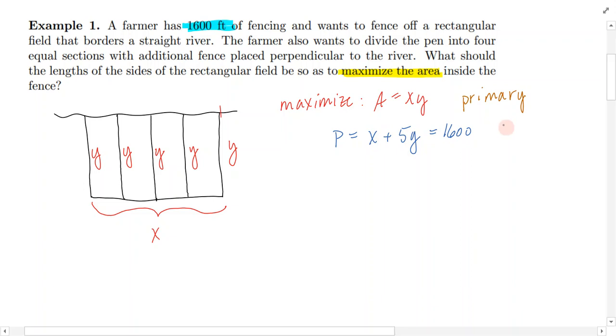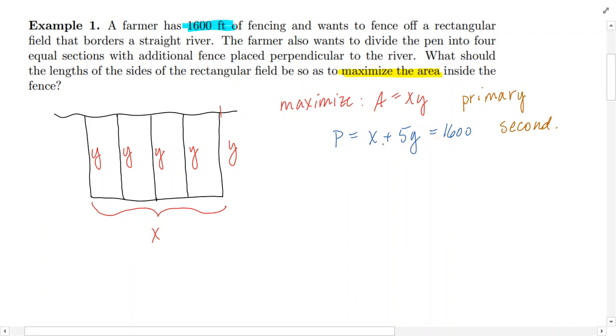And this is what we would consider the secondary equation. So that's our primary equation, what we are going to maximize or minimize, and the secondary equation is what we're going to use to substitute into that. Okay, so let's continue on with our secondary equation.